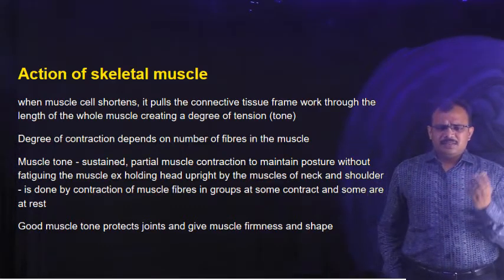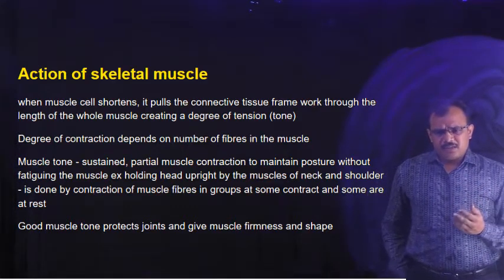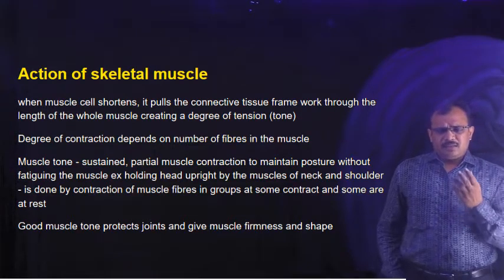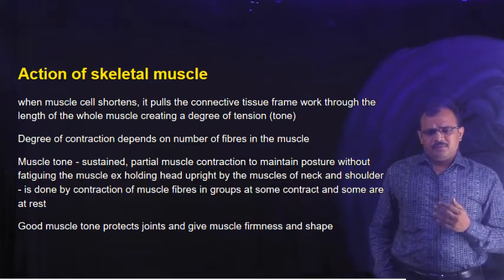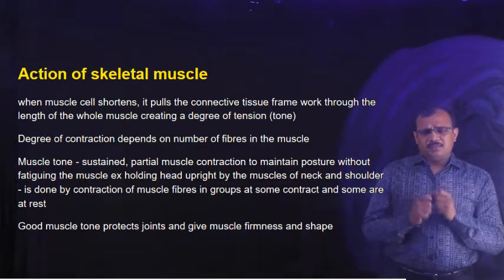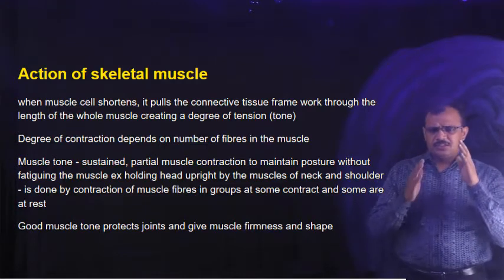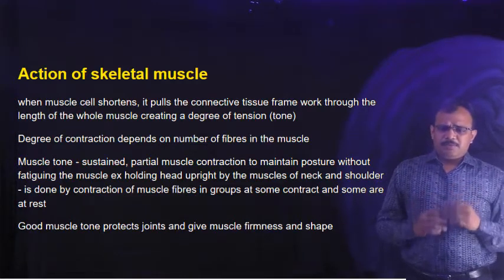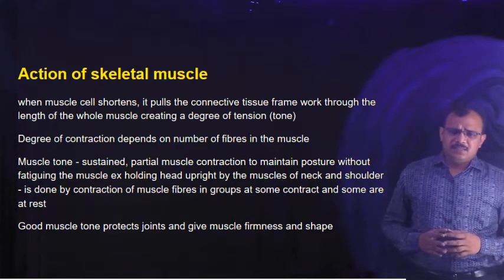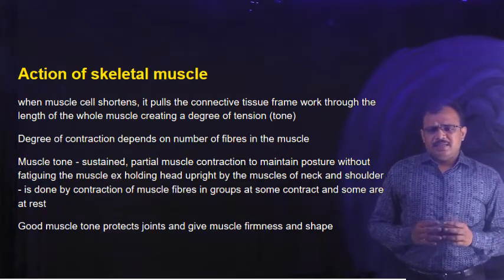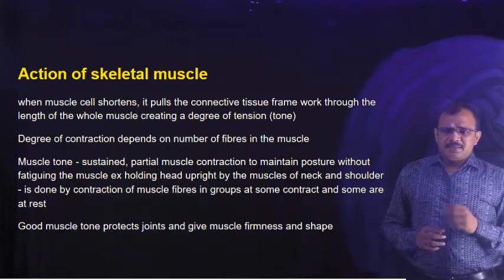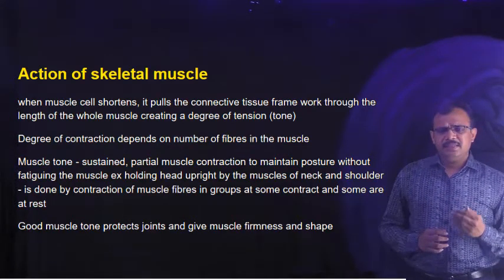There are many muscles, and to avoid fatigue, or the difficulty in contracting for a prolonged time, groups of muscles take up the responsibility of keeping our head straight one by one. Good muscle tone is essential for maintaining the health of the joint, and it also gives muscles firmness and shape.